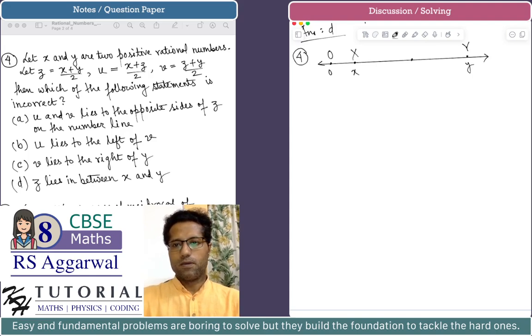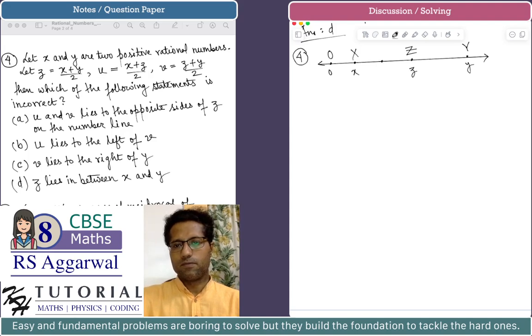So this will be z, which is equal to x plus y by 2. Let's say this is z, represented by the point z. Now what is u? u is x plus z by 2. So definitely u will lie between x and z, and its value will be exactly midway between the point x and z.